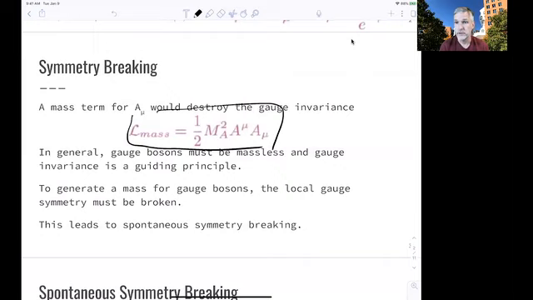But you are able to actually do this not by adding a specific mass term, but by breaking the symmetry, by breaking the local gauge symmetry. And there are various ways to do this, and one of the ways is to use spontaneous symmetry breaking. So what is spontaneous symmetry breaking?